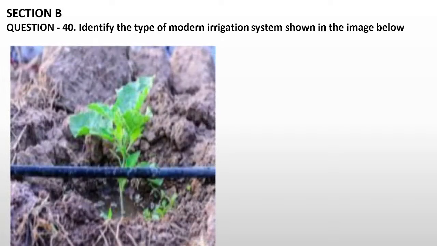Now, section B, question number 40. Identify the type of modern irrigation system that is shown in the image given. So, identify this type of modern irrigation system. Look at the picture carefully. Look at this image carefully.